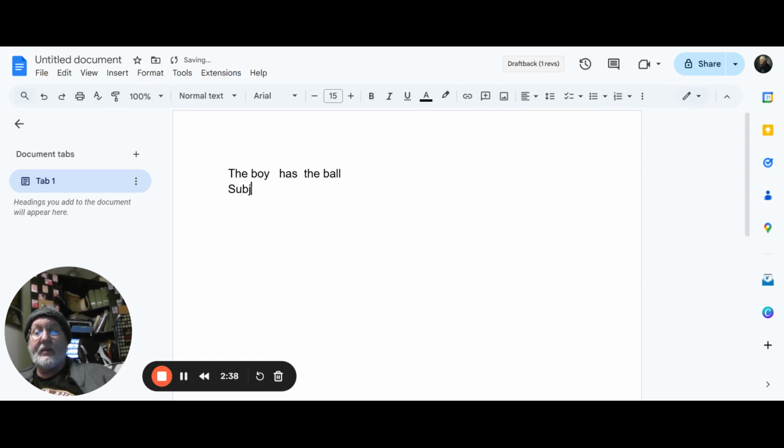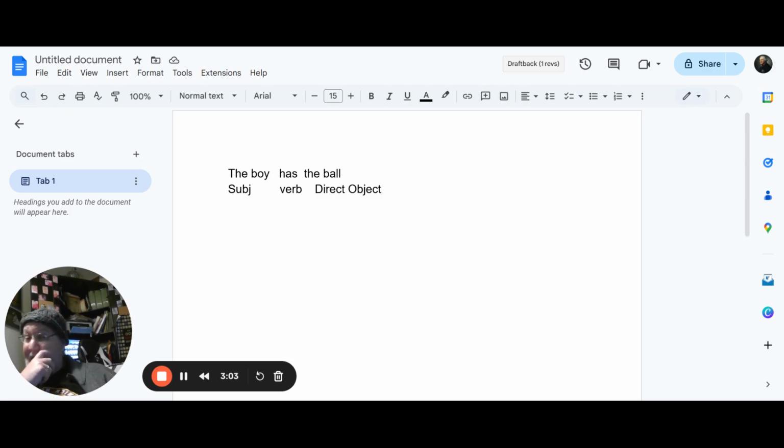All right, this is the verb, and this is the direct object. So the boy has the ball.